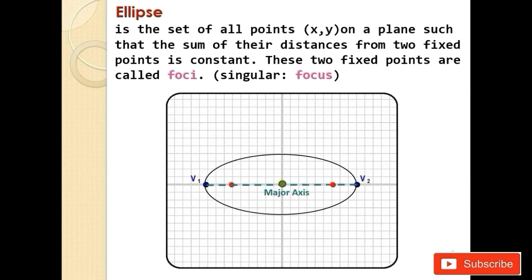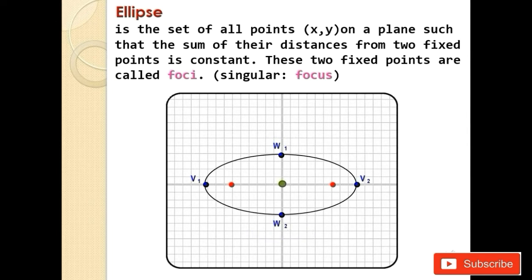Now, half of the major axis is what we call the semi-major axis, represented by variable a in our formula, which I will discuss to you later. The next part is the covertices, represented by W sub 1 and W sub 2.